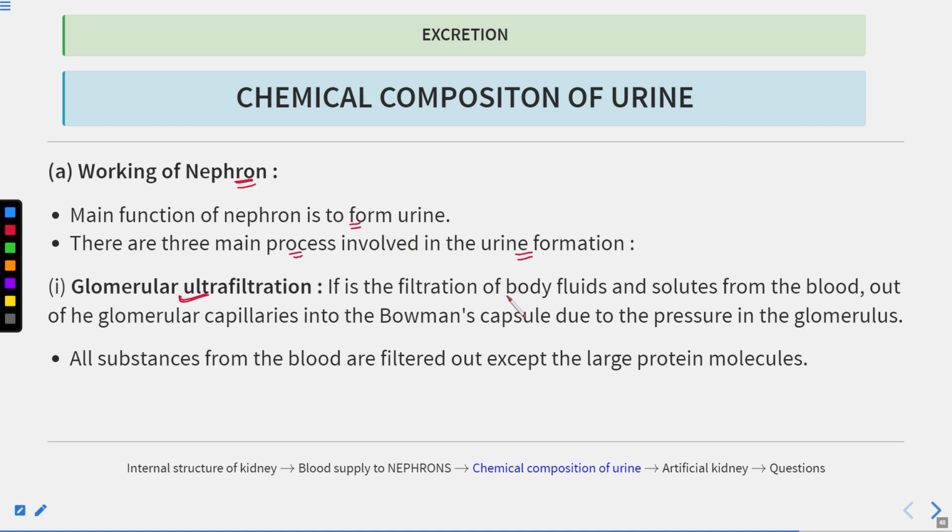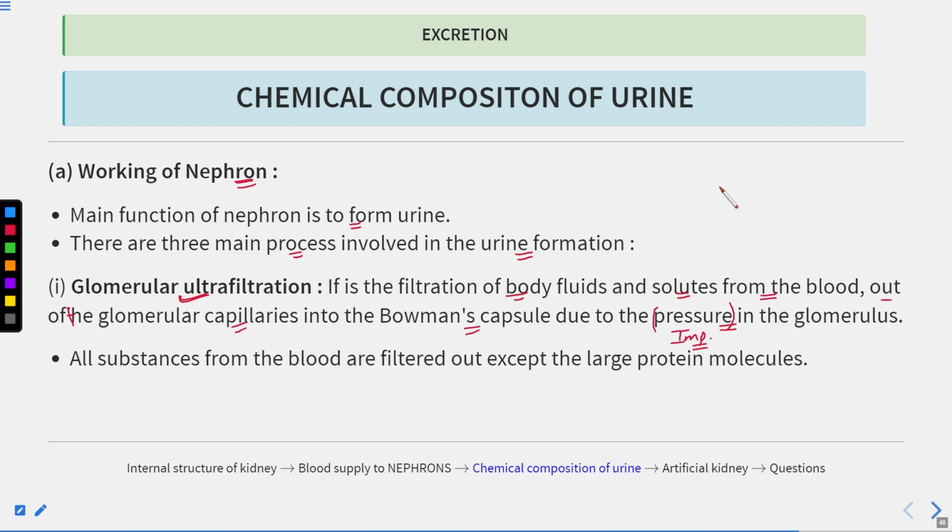Now, it is the filtration of the body fluids and solutes from the blood out of the glomerular capillaries into the Bowman's capsule due to the pressure in the glomerulus. So, because of the pressure, this filtration takes place. This pressure is very important. Otherwise, there will be no filtration here.